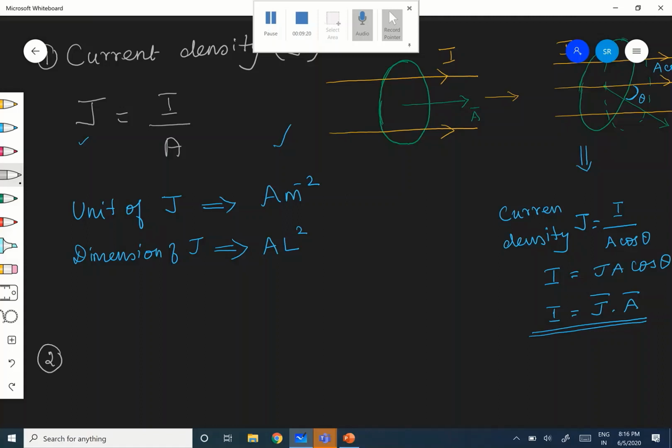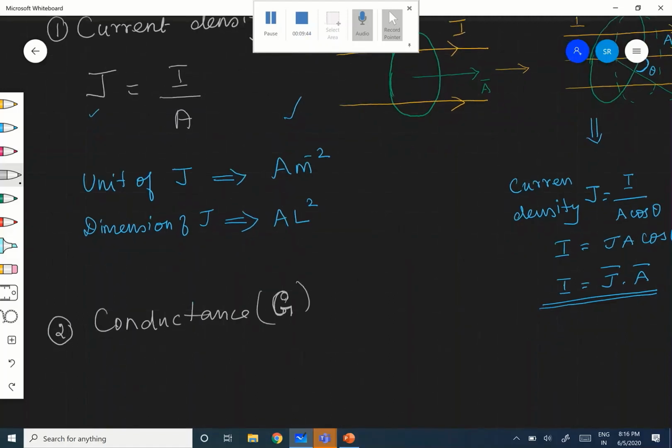Therefore, what is conductance? Very simple. It is usually denoted by G, capital G. Conductance is nothing but the reciprocal of resistance. Therefore, G is equal to 1 by R. That's all. Very simple.